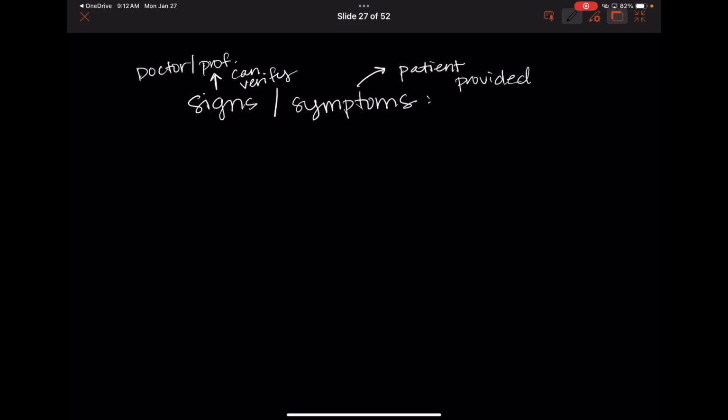So the signs and symptoms involved with Graves' disease, do you think they're going to experience an increase or decrease in metabolism? An increase, right? Their thyroid gland is still being stimulated to release thyroid hormone even when we don't want it to. Doesn't matter what negative feedback is happening, we have this mimic that's going to be constantly stimulating the thyroid gland to produce thyroid hormone.